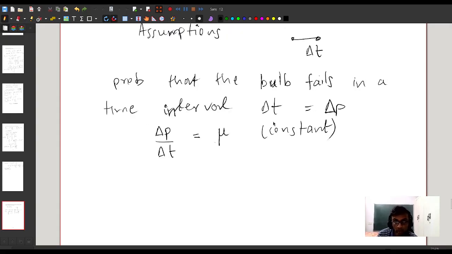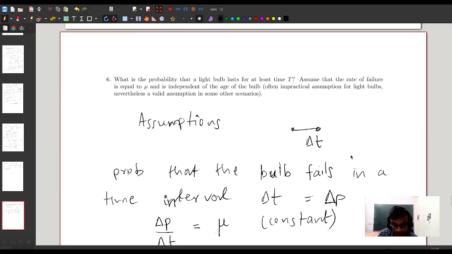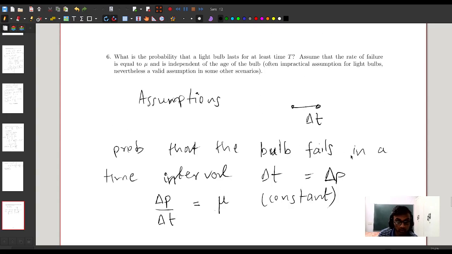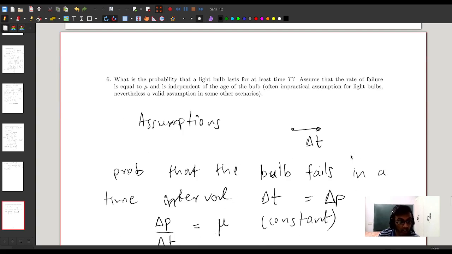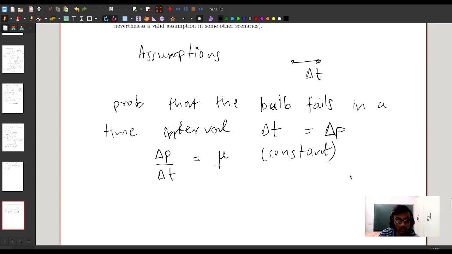So we'll see how the lifetime of the bulb or a nucleus can be understood from this simple assumption.